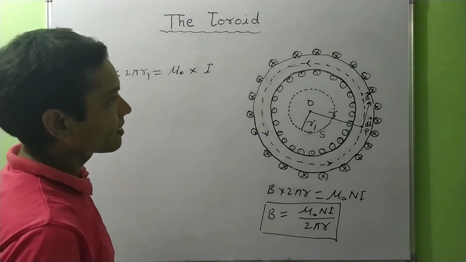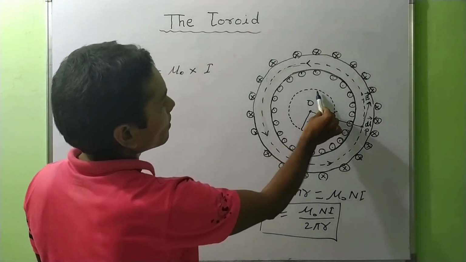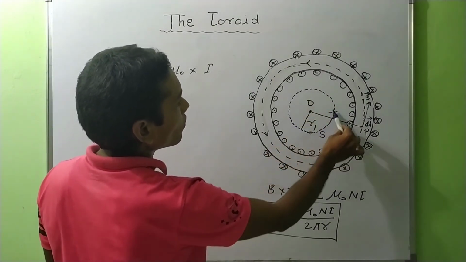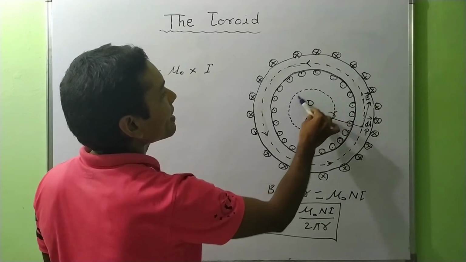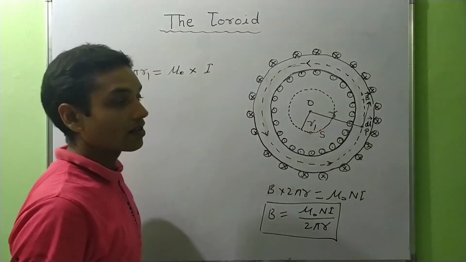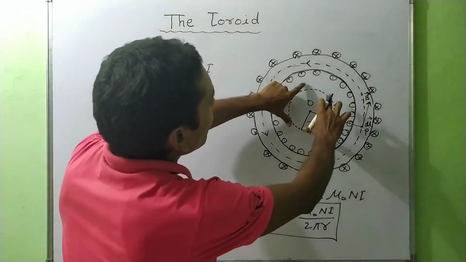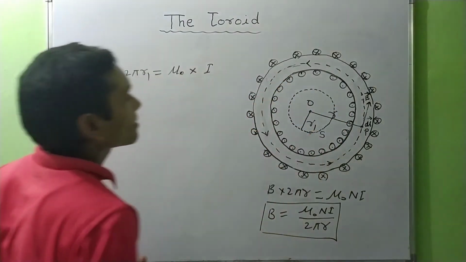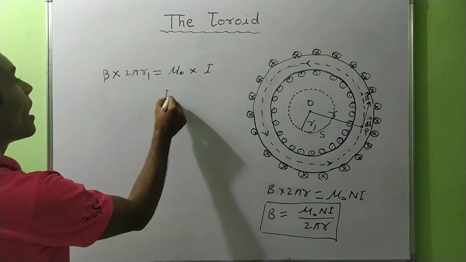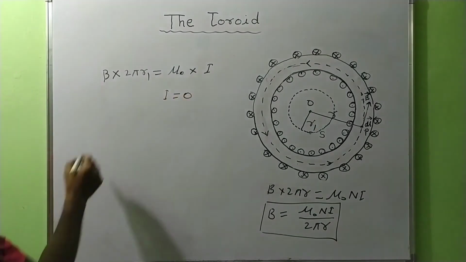But you know that inside this circular loop, current is not threading. So current is not threading through this small circular loop of radius R1. That's why I will be equal to 0.